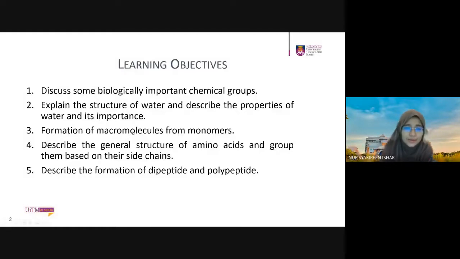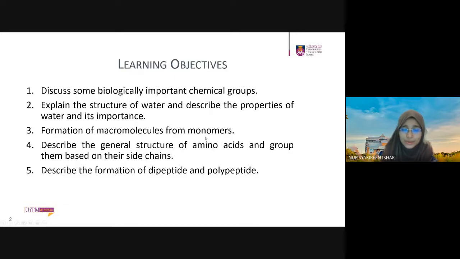As I said before, for the amino acids you have to know the structure. You have to know how to draw the structure of the monomers. You have to know how to draw the structure of glucose, of nucleotides, and of amino acids.